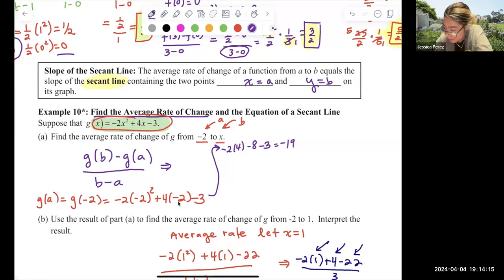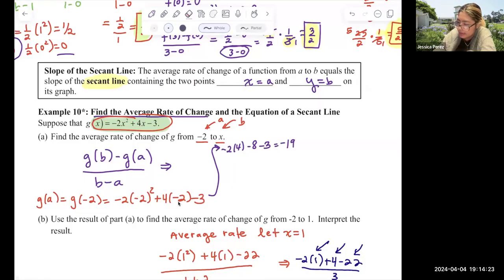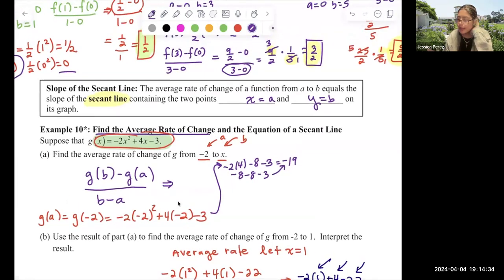Here we have a positive 4 from the squared, but times -2, that's going to give me -8. So -8 minus 8 minus 3 gives me -19. So -19 is g(a). So g(-2) is -19.